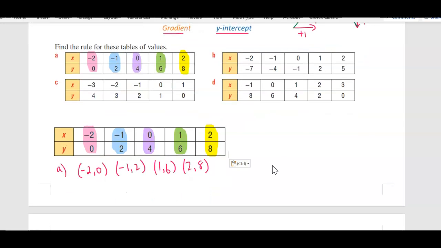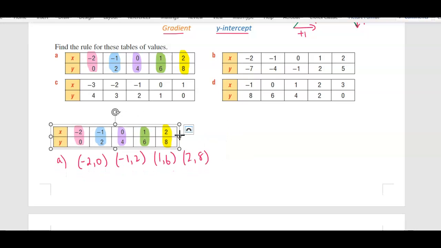Every time I go across 1, I'm adding 1 each time. And all the tables I've given you so far do go across by 1. They do have to go only across by 1.